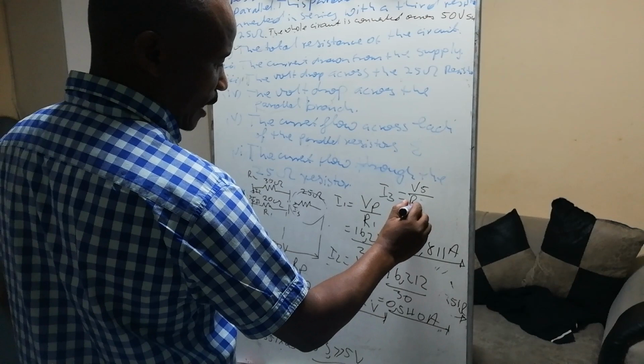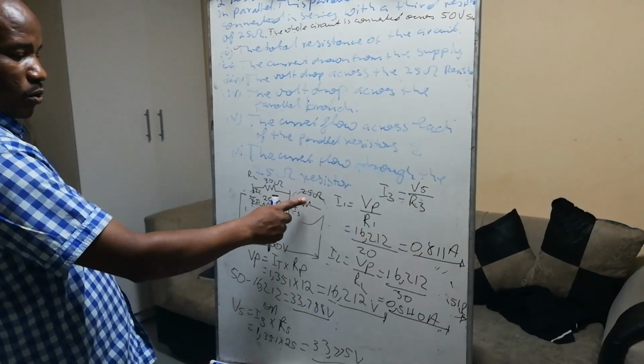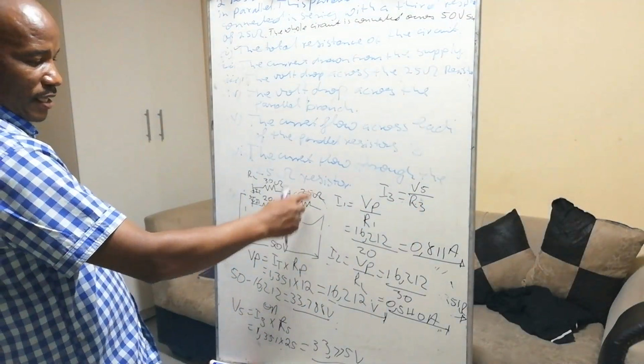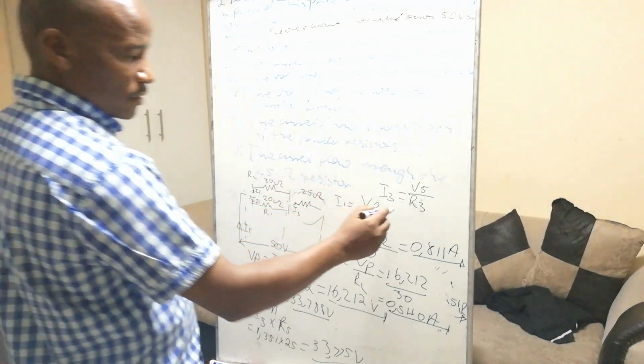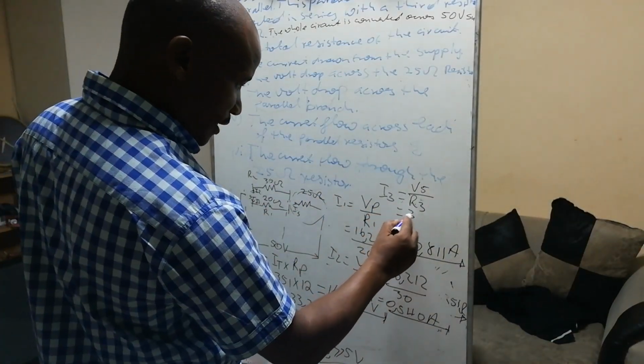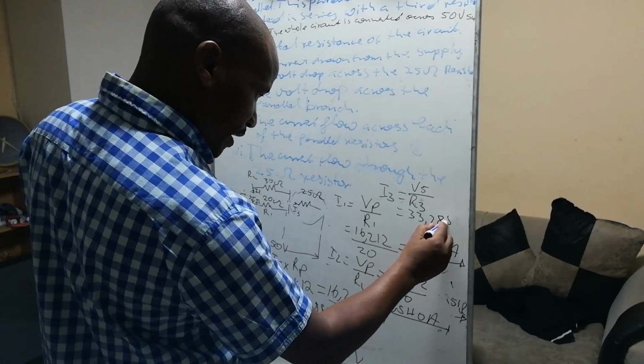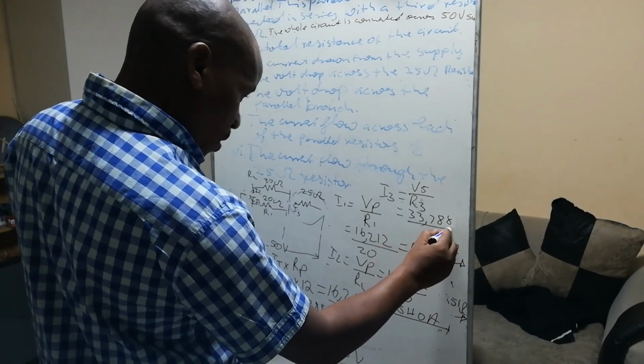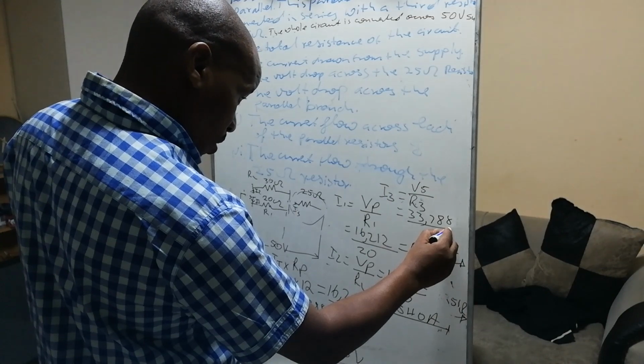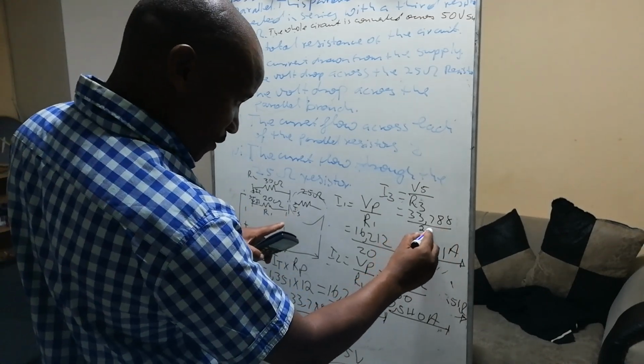Let's say R3 rather, as it's noted as R3 there. Then it's equal to 33,788 over 25.